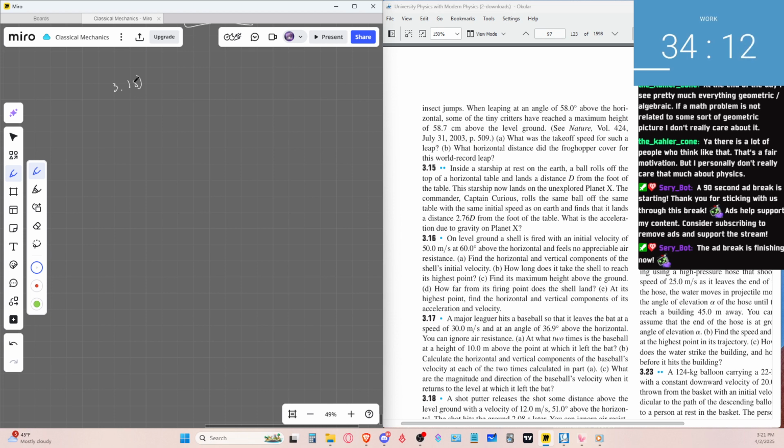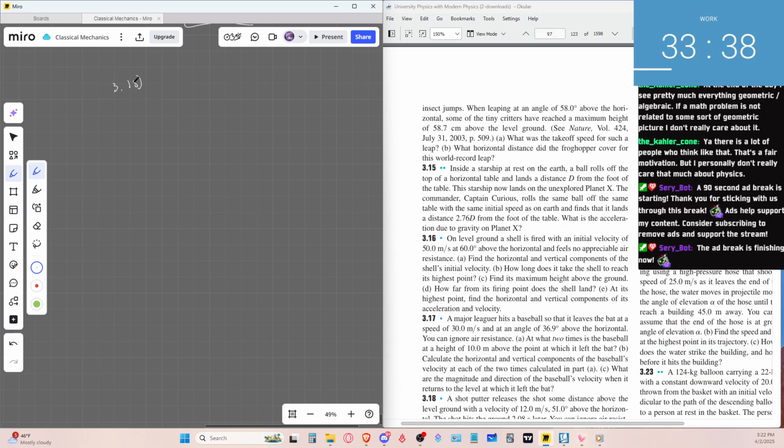This starship now lands on the unexplored planet X. Captain Curious rolls the same ball off the same table with the same initial speed as on Earth, and finds that it lands a distance 2.76 d from the foot of the table. What is the acceleration due to gravity on planet X?